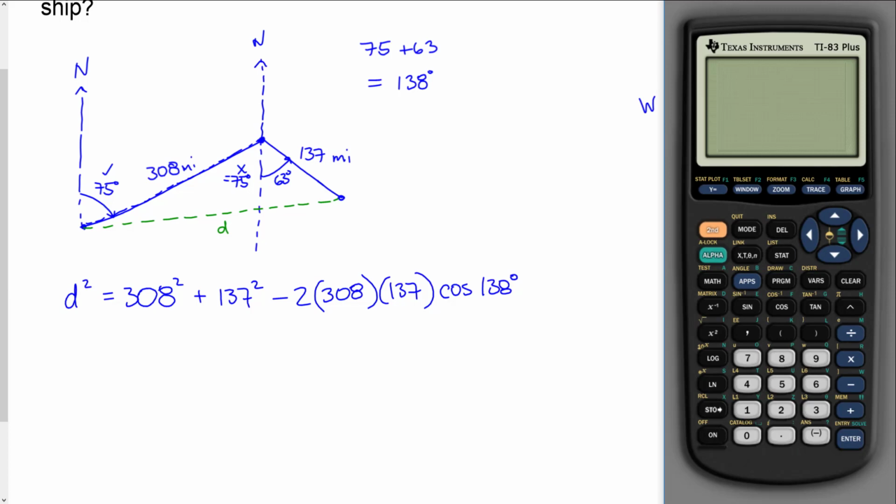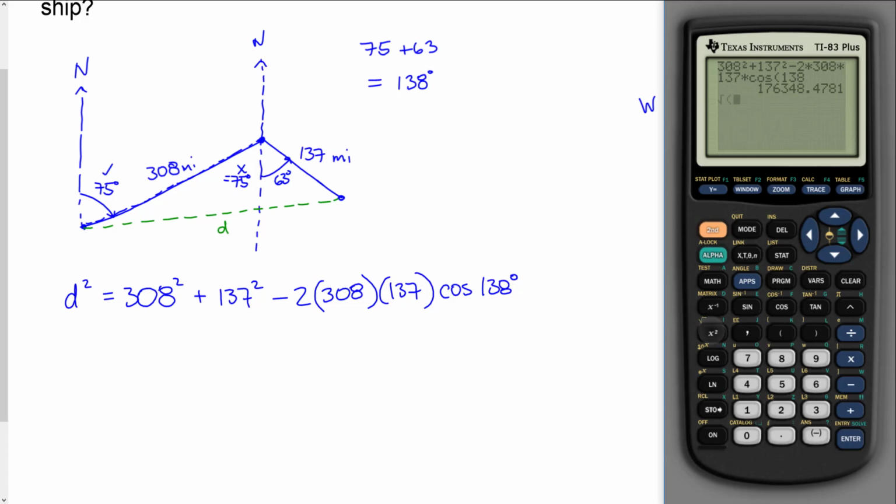Okay, so let's clear everything out here. All right, 308 squared plus 137 squared minus 2 times 308 times 137 times the cosine of 138 gives me that number, which is very large.